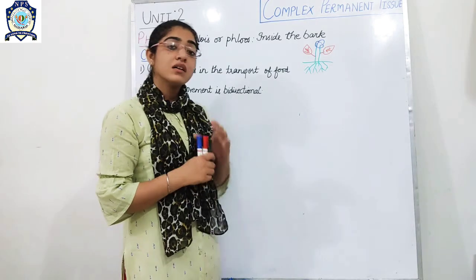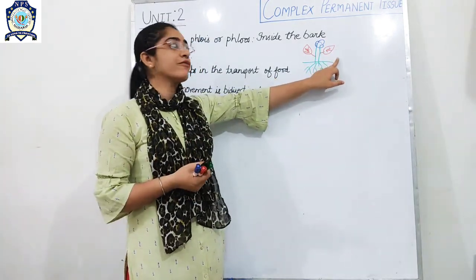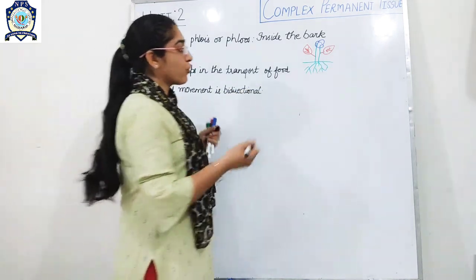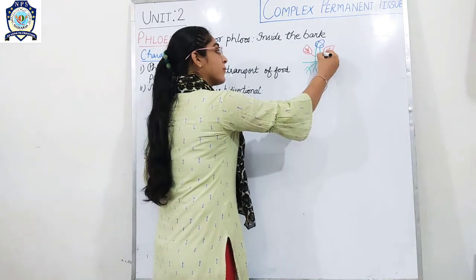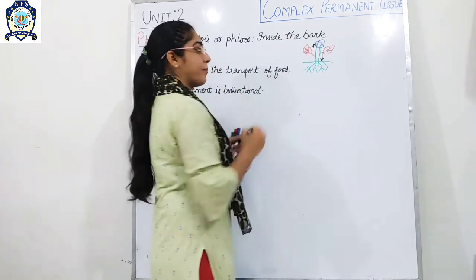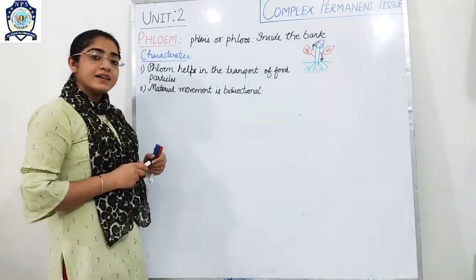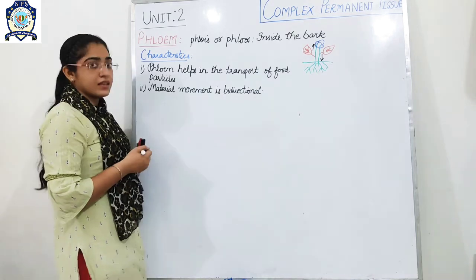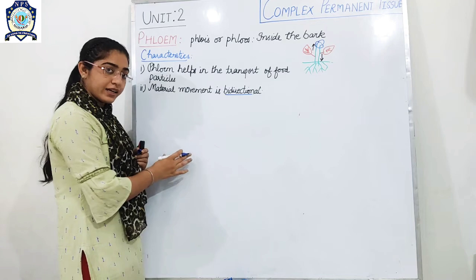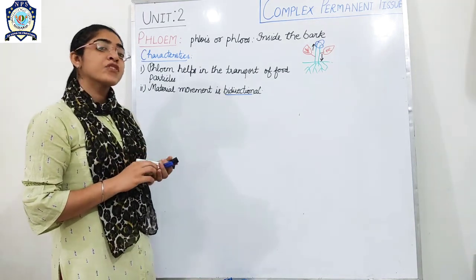So where is the food prepared? The site for the synthesis of food in the plant is the leaf. So from the leaf the food will be transported to the root and also to the upper parts. That's why we say that phloem helps in the bidirectional movement. Am I clear? So these are the important characteristics of the phloem.